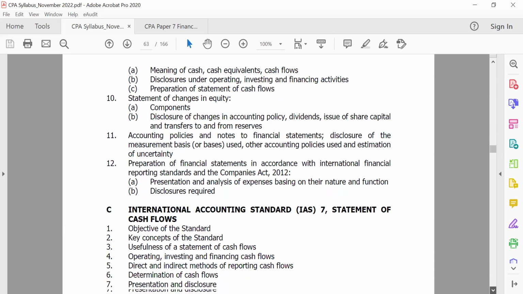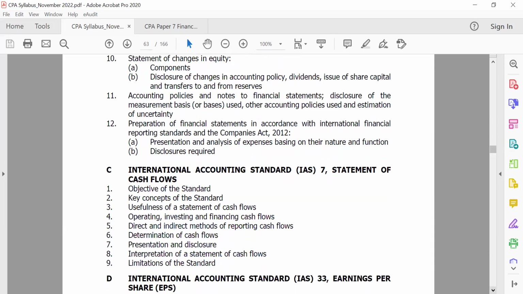Then we shall tackle now IAS 7, which is now the cash flows, which is now looking at what are the different elements of the cash flow to do. We know that when it comes to cash flows, we divide the business in three activities. That is the operating activities, the investing activities, and then the financing activities.